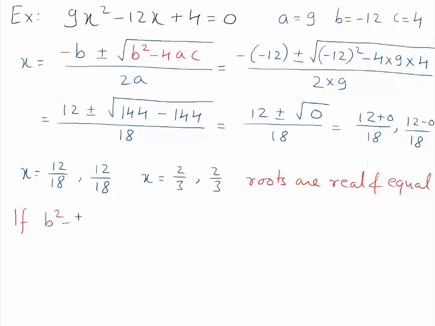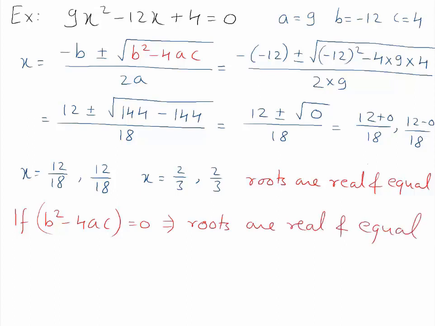So in general, if b square minus 4ac becomes 0, we get roots which are real and equal. We'll also see later on that b square minus 4ac is termed the discriminant because it becomes important in deciding the nature of the roots.